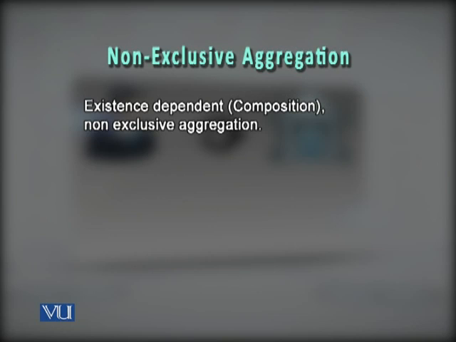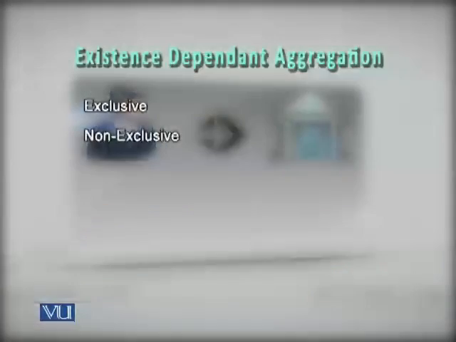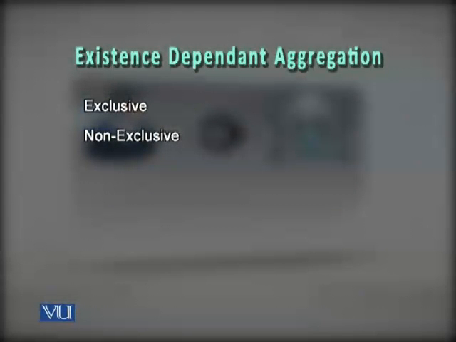First of all, the type of aggregation that we are discussing is called existence-dependent aggregation. This book calls it existence-dependent aggregation, which we have been discussing as composition. So, following the terminology of this book, we'll call it existence-dependent aggregation.